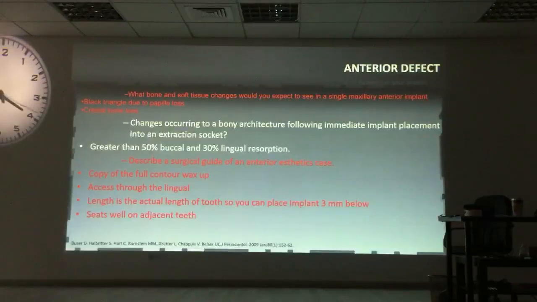Next question. Changes according to the mode of the pictures following immediate implant placement into an extraction zone. Abdurrahman answered that question, right? What was your answer? Read the answer here also.